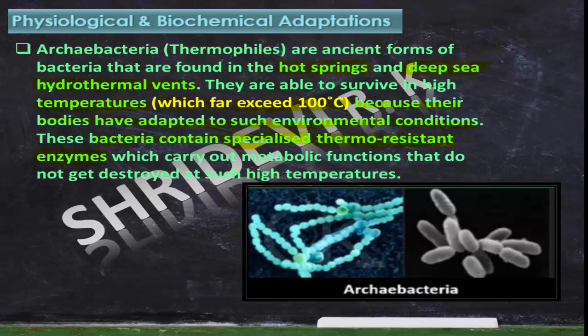That pseudomurein also supports the existence in high temperature. This is the reason the nature of the cell wall and presence of thermoresistant enzymes, both the characters, are supporting the thermoacidophils to survive in high temperature areas. This is one example for the functional adjustment and biochemical adaptation.